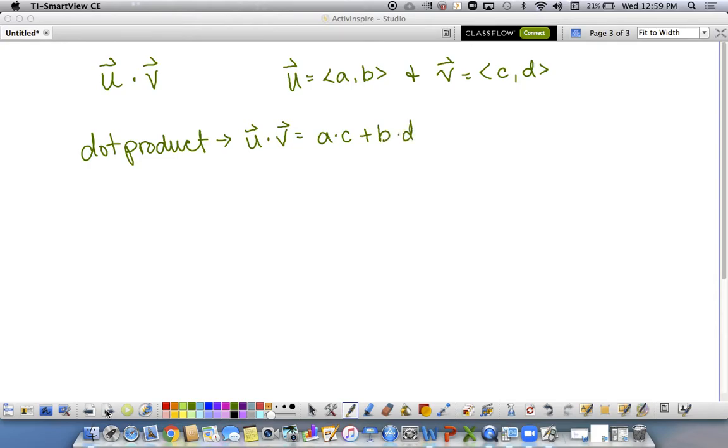Your x's multiplied together, added to your y's that are multiplied together.